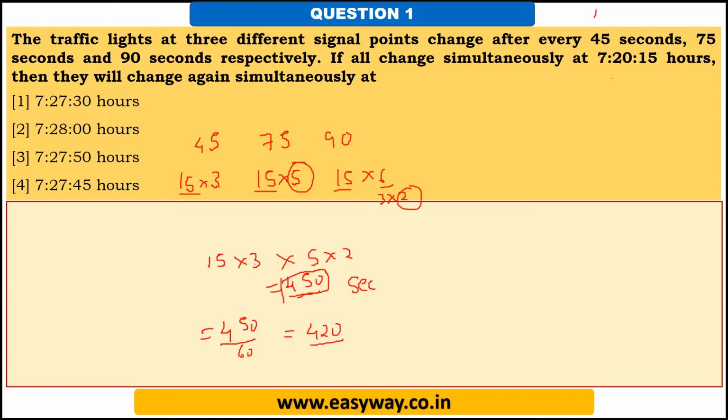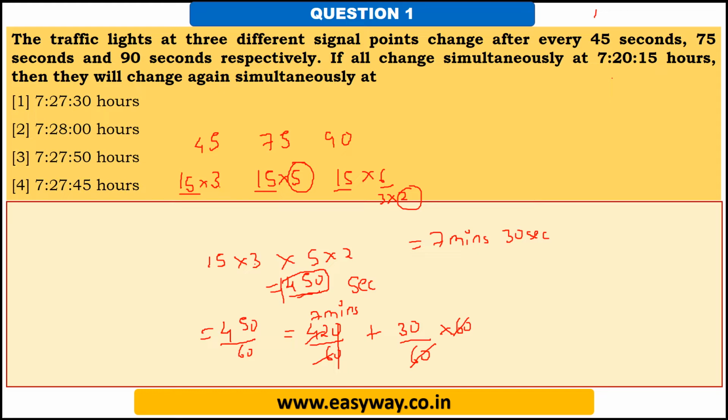So 420 upon 60 plus 30 upon 60 gives 7 minutes and half a minute. But we want seconds as well, so to convert minutes into seconds we multiply by 60. The 60 cancels and we are left with 7 minutes and 30 seconds.